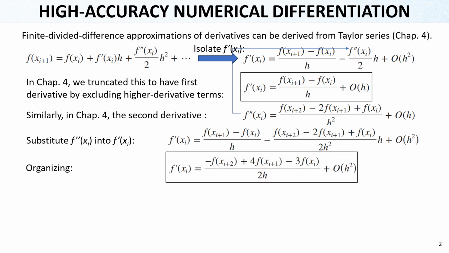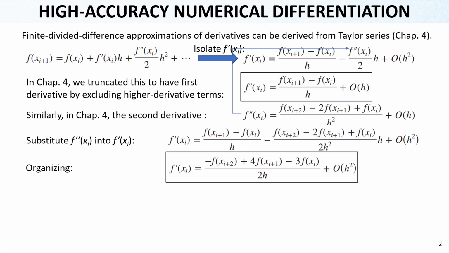In this scenario, when we organize this, we will have a finite divided difference approximation with three terms for the first derivative, and now our error is in the second order. In this one, when we isolated only the first derivative, our error was in the first order.